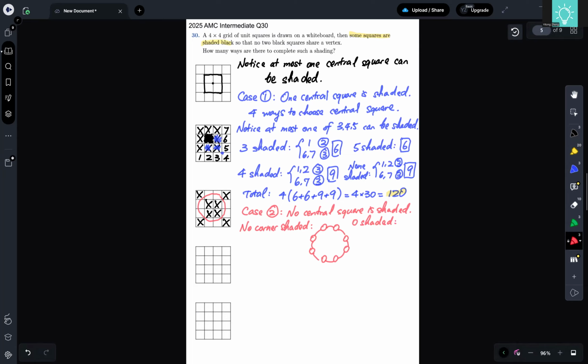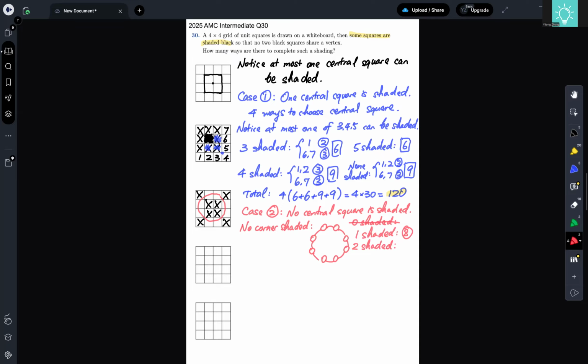So when it says some squares are shaded black, at least one square is shaded. So we completely disregard that case. What happens if we shade 1 out of these 8 in the ring? I can choose any single one of them and it's going to work because there's no consecutives. So that's 8.